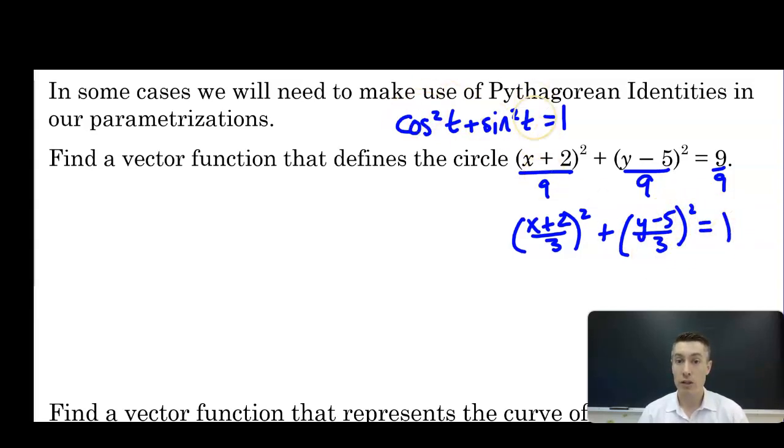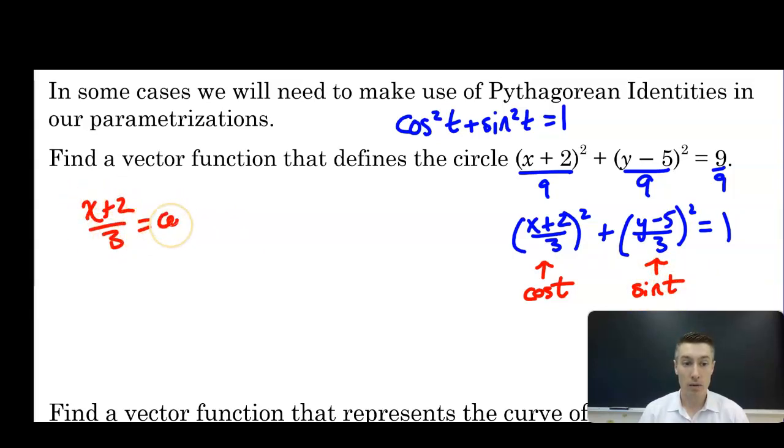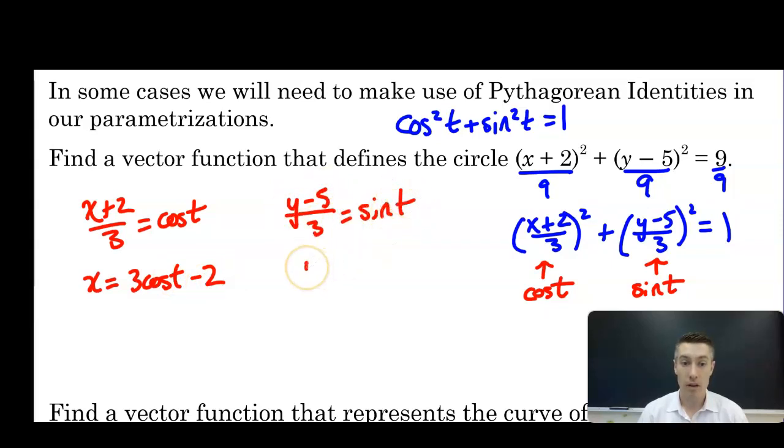So if we're trying to match it up to the Pythagorean identity, that means the (x plus 2) over 3 has to be equivalent to cosine t, and the (y minus 5) over 3 has to be equivalent to sine t. So (x plus 2) over 3 equals cosine t, means x equals 3 cosine t minus 2, and (y minus 5) over 3 equals sine t, y equals 3 sine t plus 5, right?